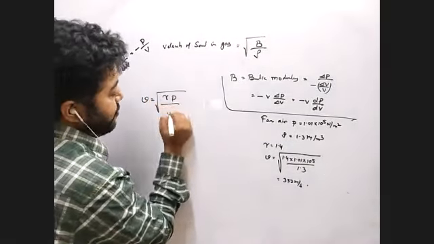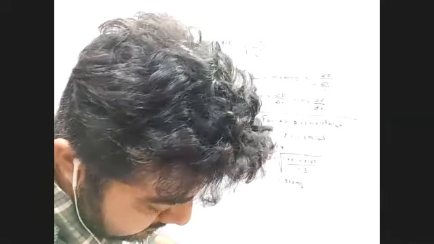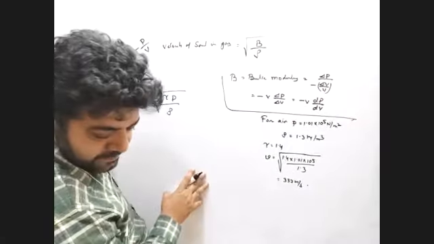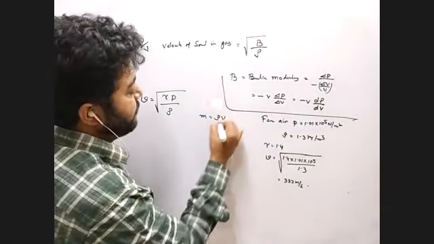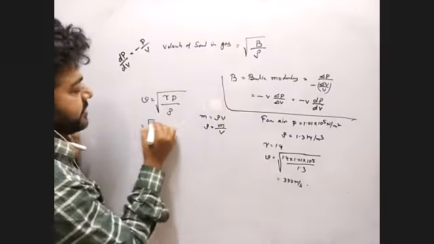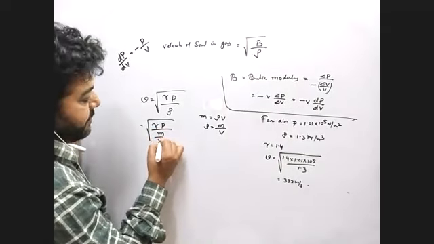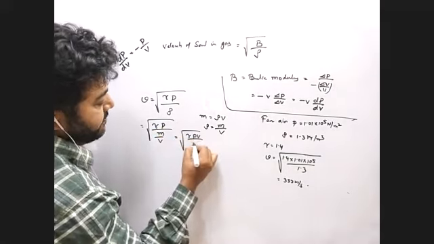Gamma P by rho, we can make it in that way. Mass is density into volume, so density is mass by volume. So we can write gamma P by mass by volume, which is gamma PV by mass.